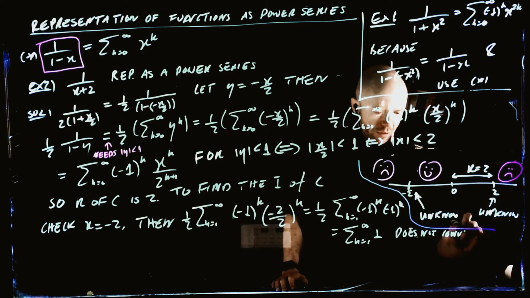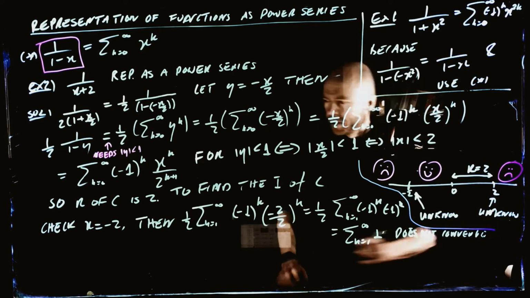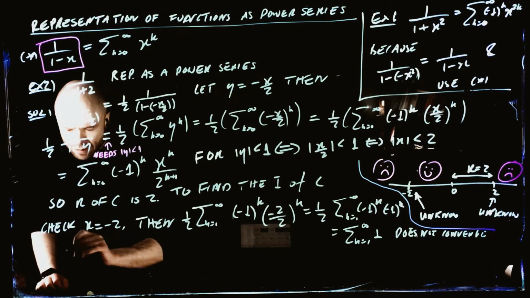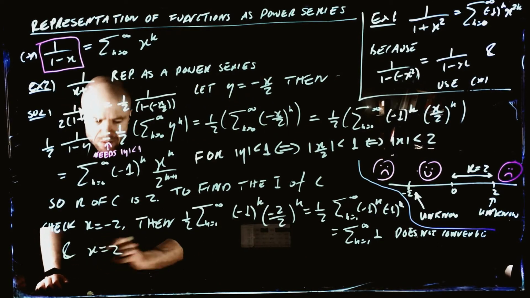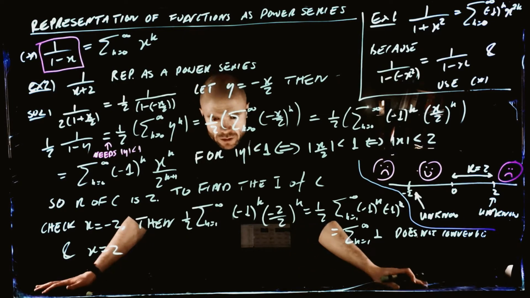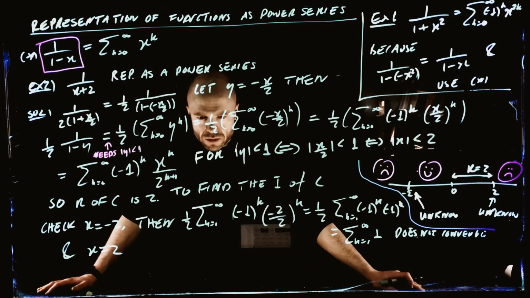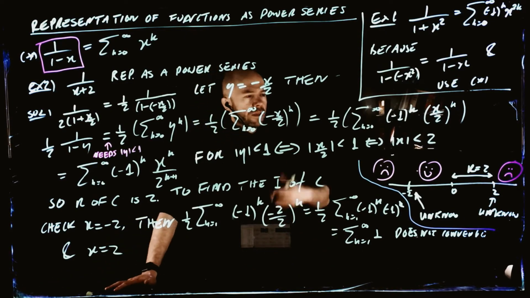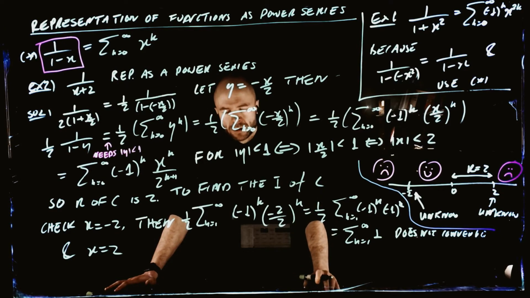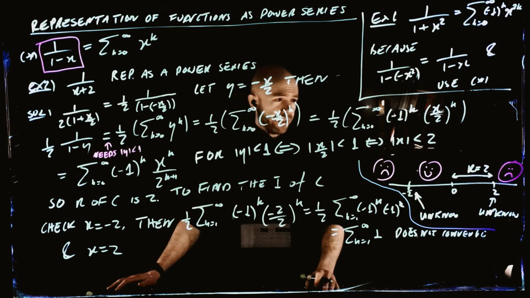What about the other endpoint? Thumbs up if you think it converges, thumbs down if you think not. Okay, great. Someone else still, give me a reason. This exact same reason, indeed.